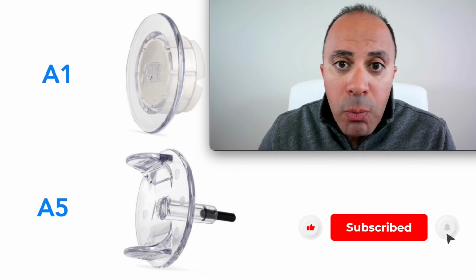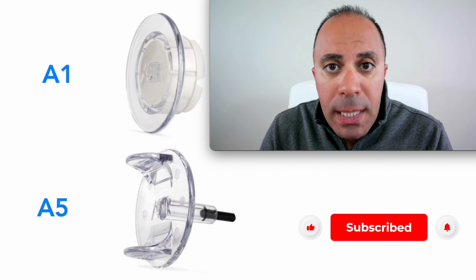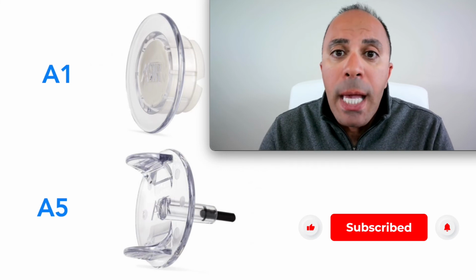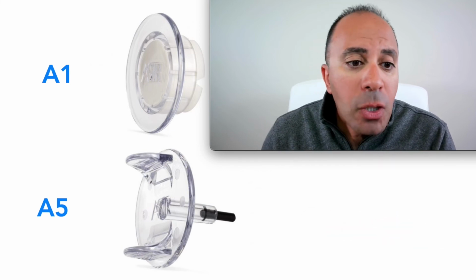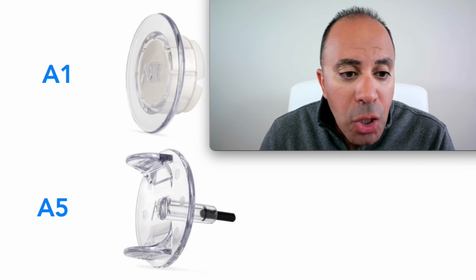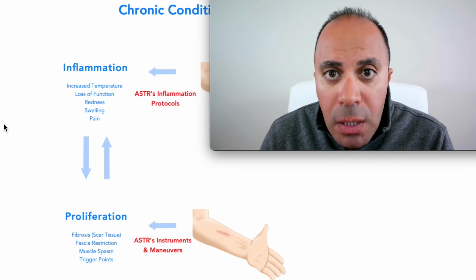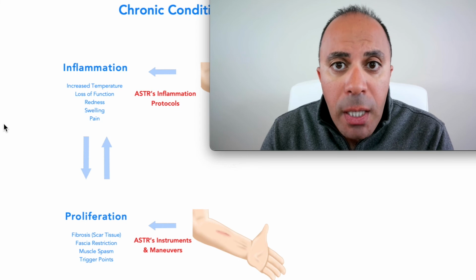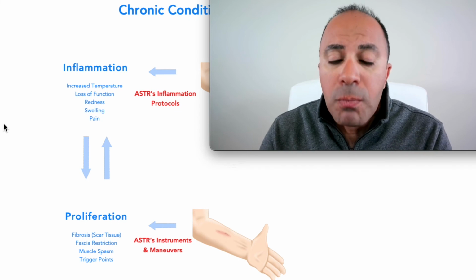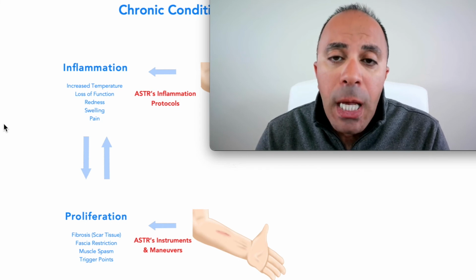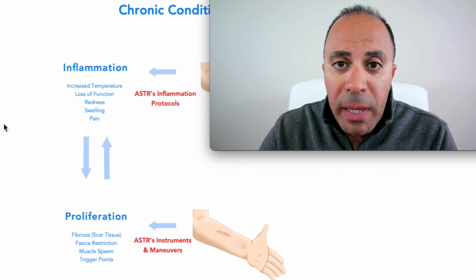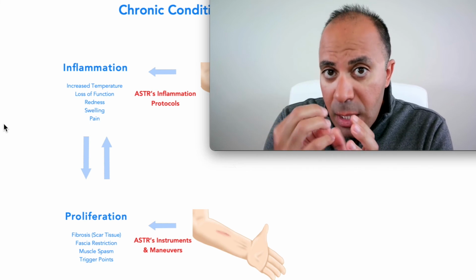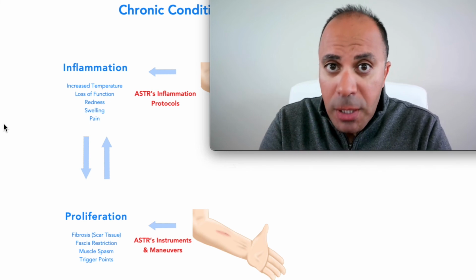Remember, when we work, we need to work on the whole system, the whole problem, because your pain is not only scar tissue, not only fascial restrictions, not only trigger points. You cannot pick and choose, because it's very common when you have lumbar radiculopathy. There is inflammation, there is scarring, there are fascial restrictions.